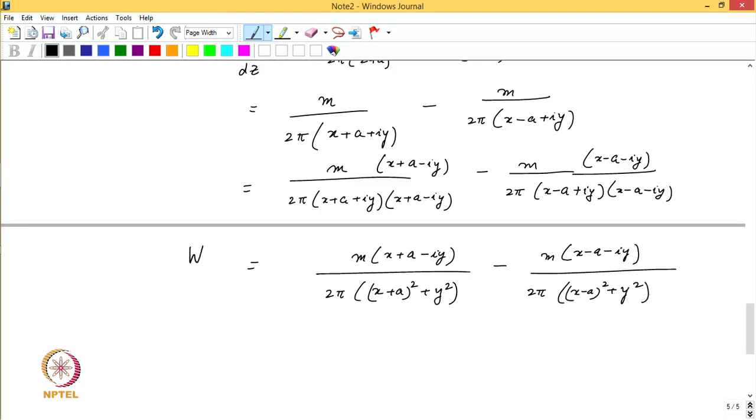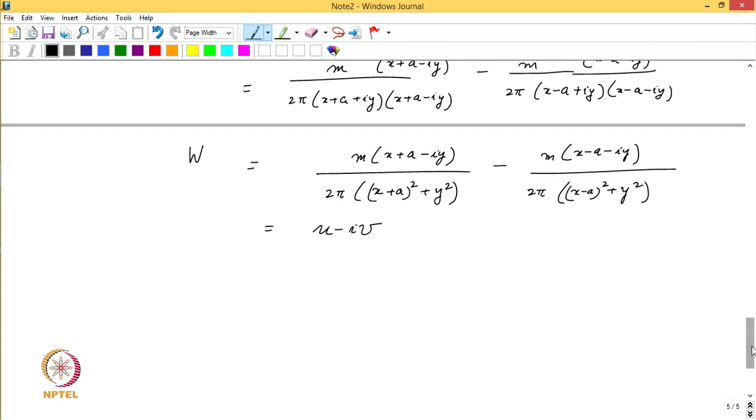This is w. We could either write this as u minus i v and then separate out the real and imaginary parts, which can be easily done here, but just because we have to calculate velocity at x equal to 0, let us just do that.